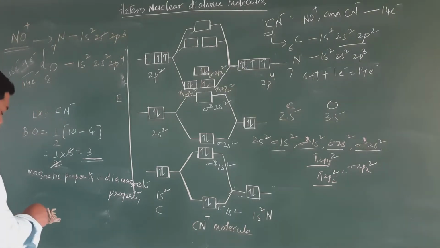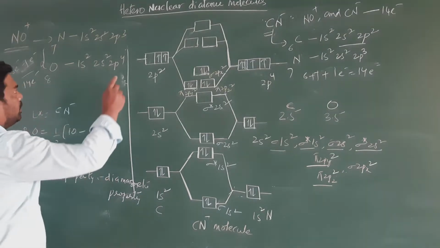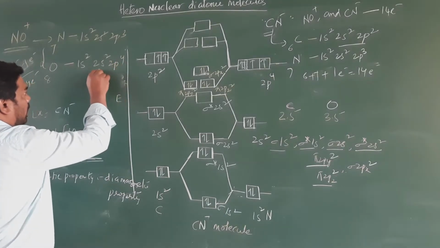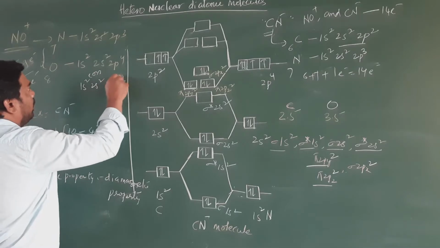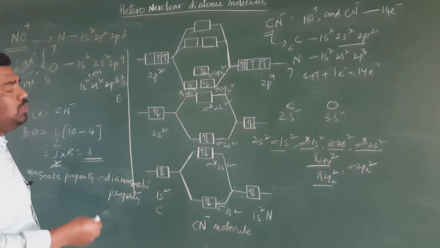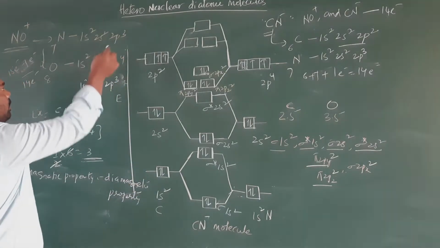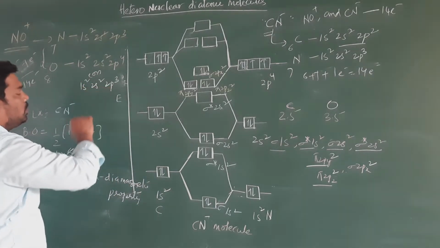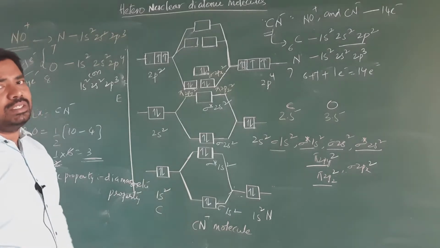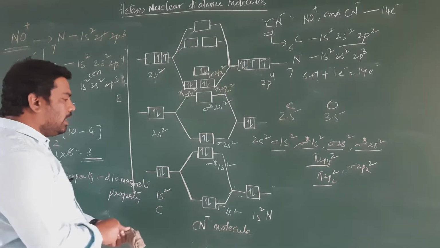Clear, right? So therefore the configuration becomes 1s2, 2s2 and 2p3. The nitrogen configuration is 1s2, 2s2, 2p3, and here also 1s2, 2s2, 2p3. So 7 plus 7 is equal to a 14 electron system, student.